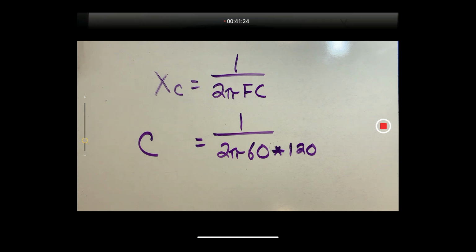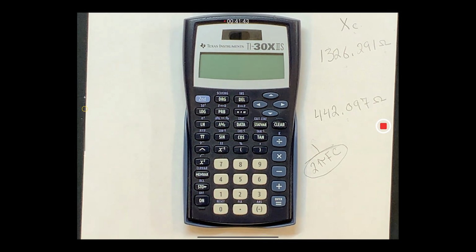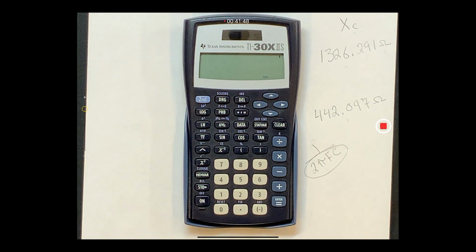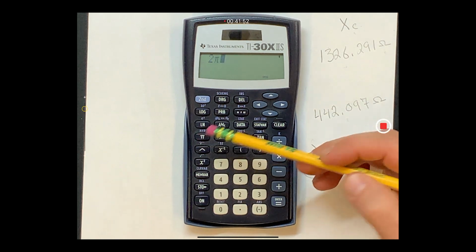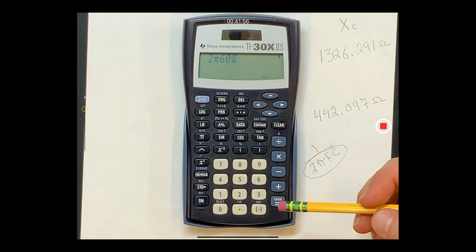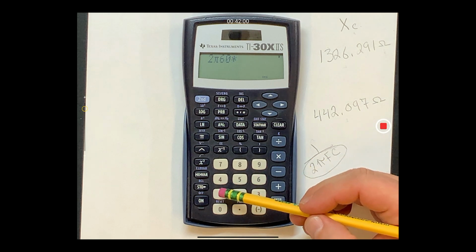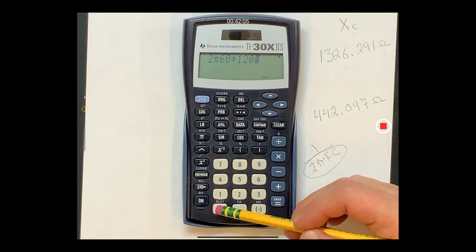So let me show you how to factor that in. It never hurts to practice the calculator a couple more times. So turning this on, clearing it out. What I'm going to do is start off with 2 pi 60 for our frequency, and then multiply that by 120.